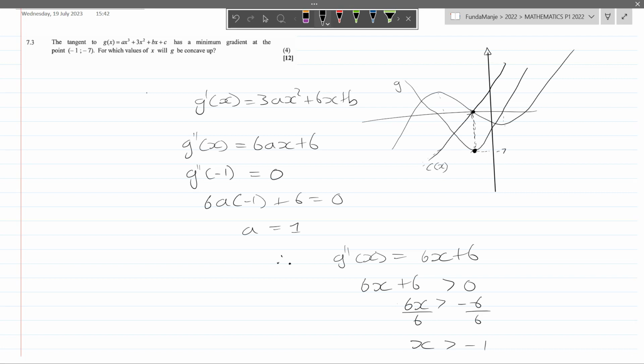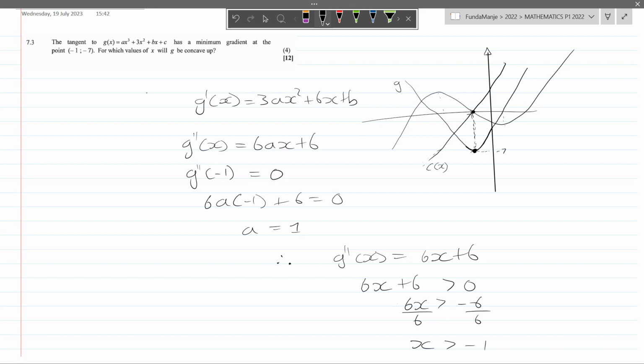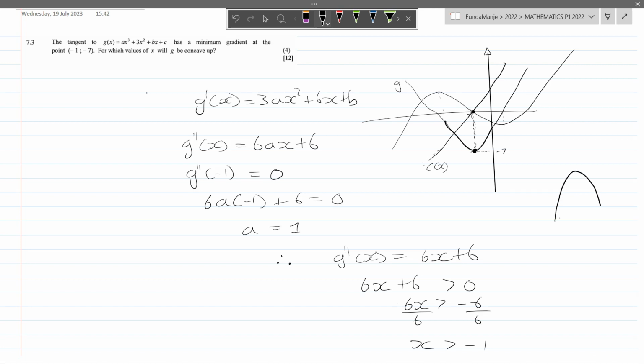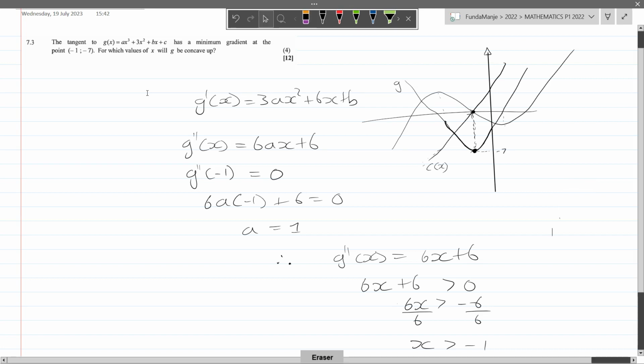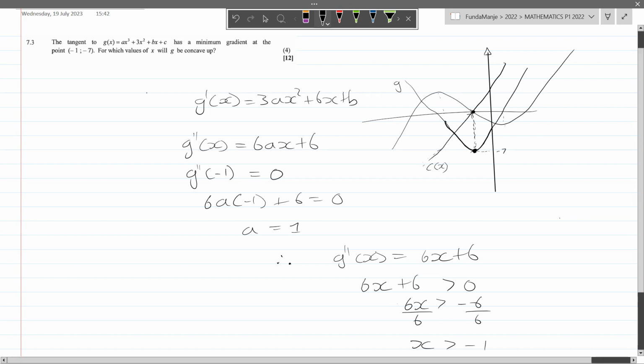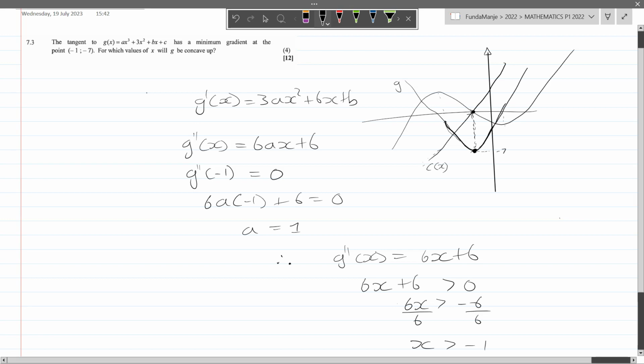So at that point, you will know that if I go to the right of -1, my graph is going up. Because if it was the other way around, it would have been the maximum gradient. But here they refer to it as a minimum, which is -7, and you would know that to the right of that it's a positive gradient. And if this is positive, it means concave up, but the gradient this side is negative, so that's concave down.